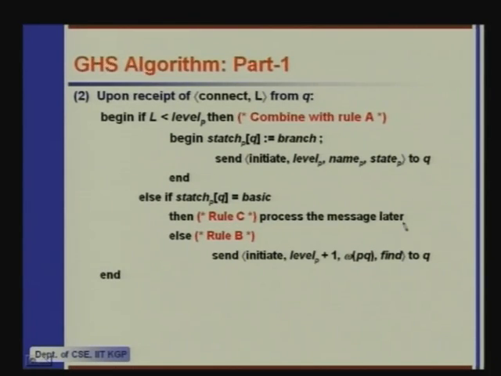So, we just process the message later. Otherwise, this is the case where two fragments of the same level are attempting to join. So, we do the following thing. Now, how do we know that this is the case where two in the same level are trying to join?